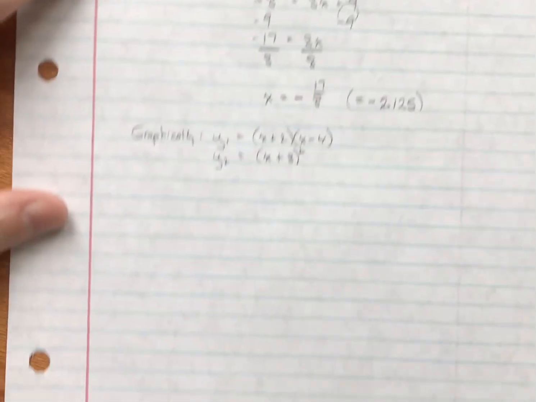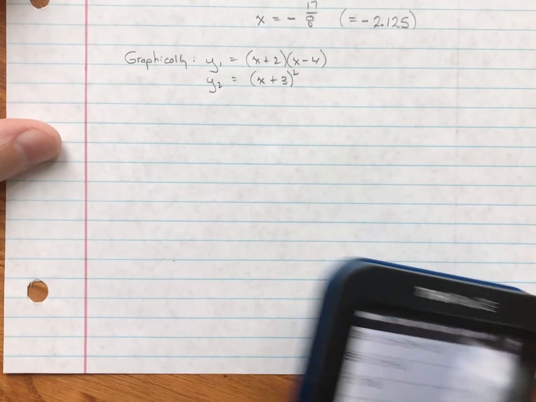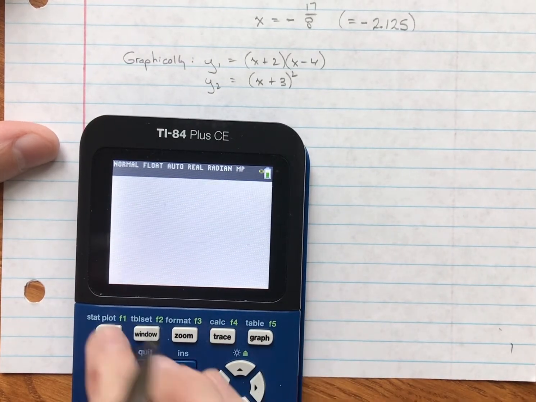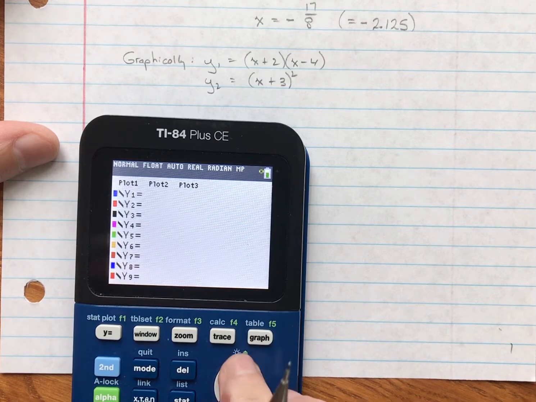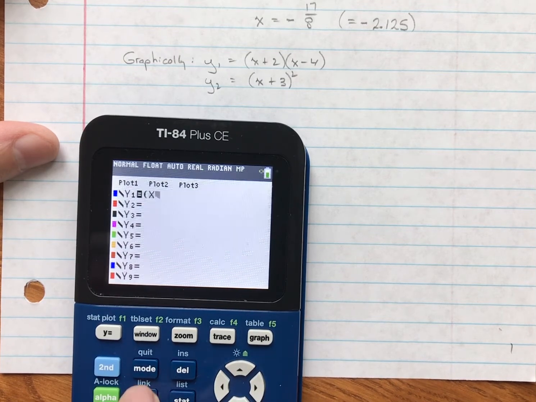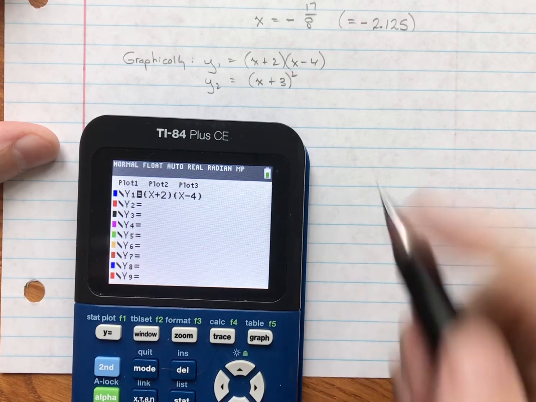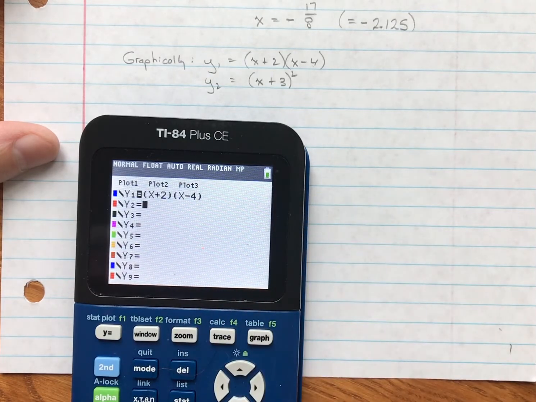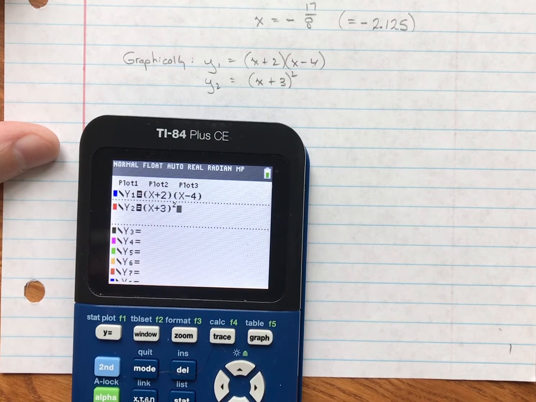Back to the calculator, clear out the previous problem. This one is x plus 2 times x minus 4, that's y1, and y2 is the quantity x plus 3 squared.